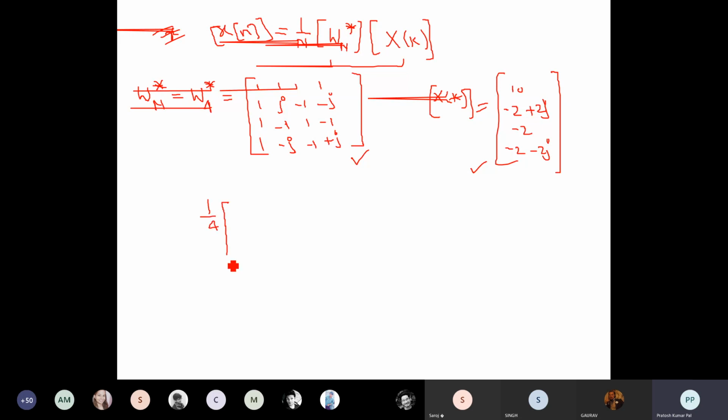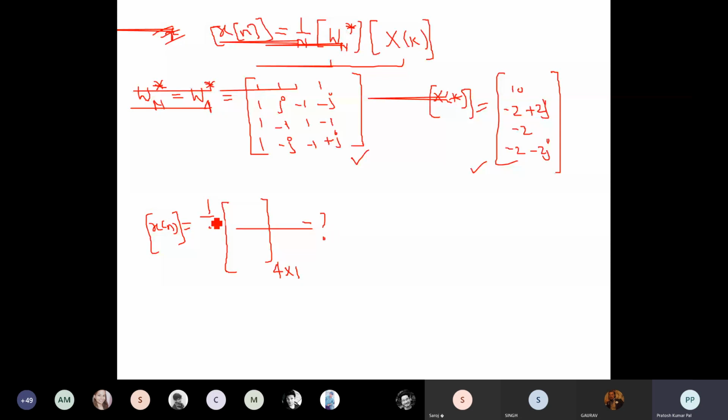After multiplication we will be getting a 4 cross 1 matrix, and this will be your x of n matrix. Okay, so this will be your overall matrix. So this 1 by 4 will be applied to each element. Okay, that will be your final answer.